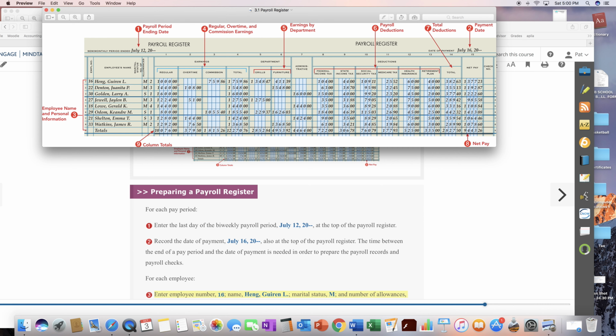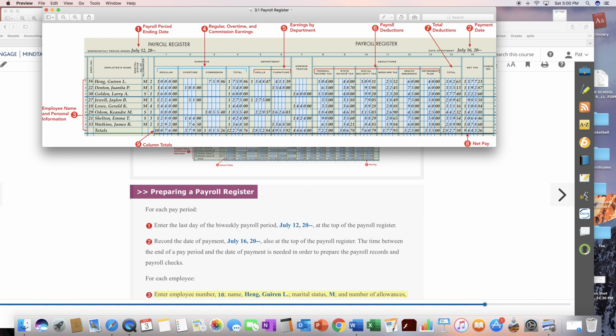You add up their regular, overtime, commissions, whatever the case may be, to get a total earnings. Then each department would have some numbers here, administrative, grills, furniture, and we want to keep totals of these for our purposes for taxes later on.